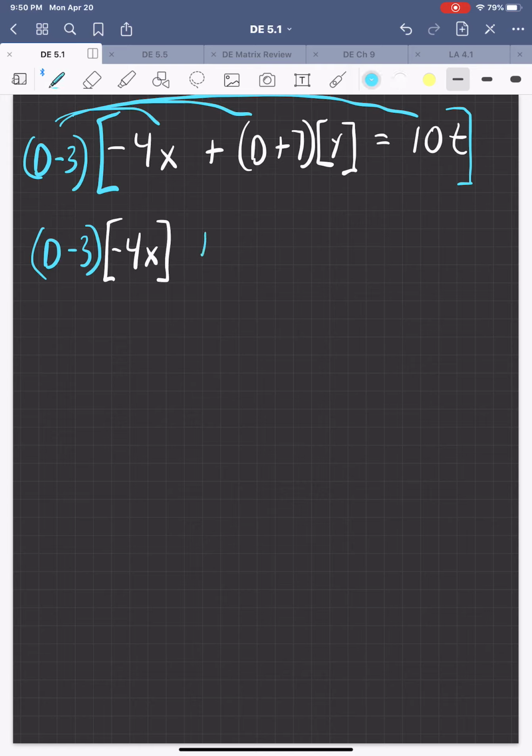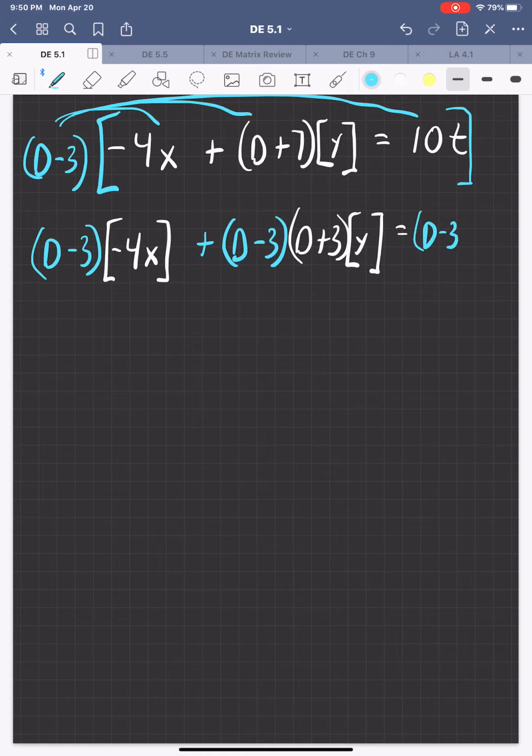Okay, plus, then I have (D minus 3) operating on (D plus 7) of y. And do not forget here, if you want to look up for a second, don't forget you also have (D minus 3) operating on 10t. Okay?